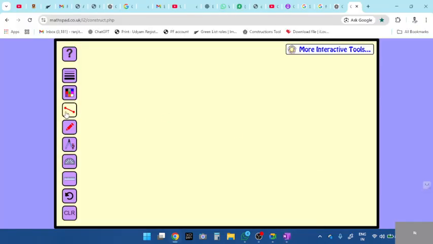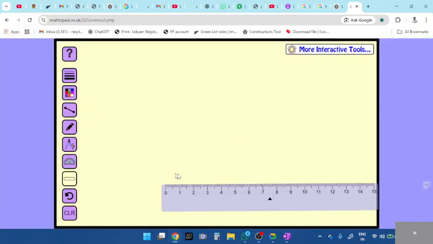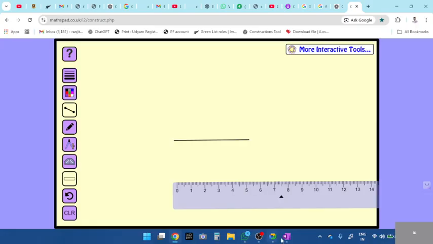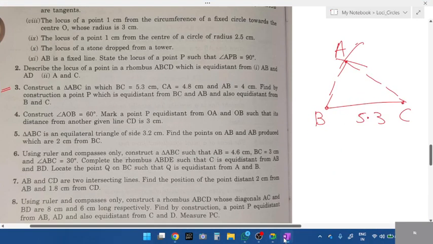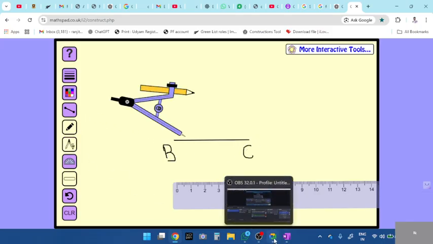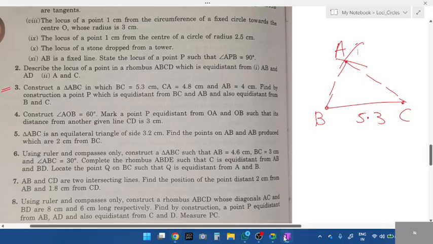BC is 5.3 centimeters. AB is 4 centimeters. Only the baseline you should draw using a ruler.